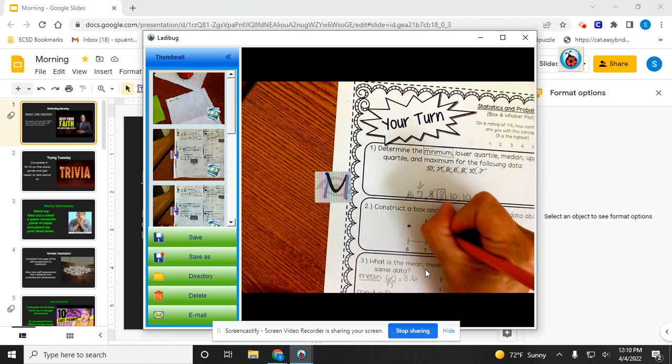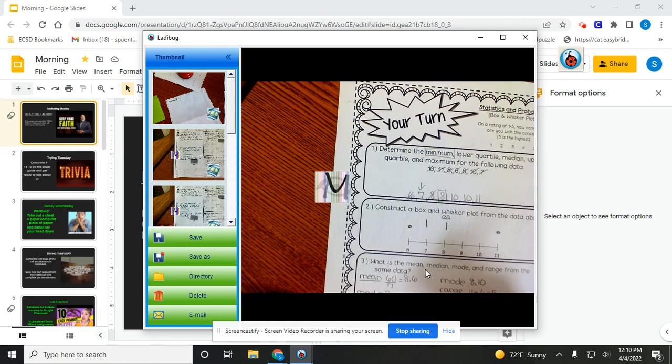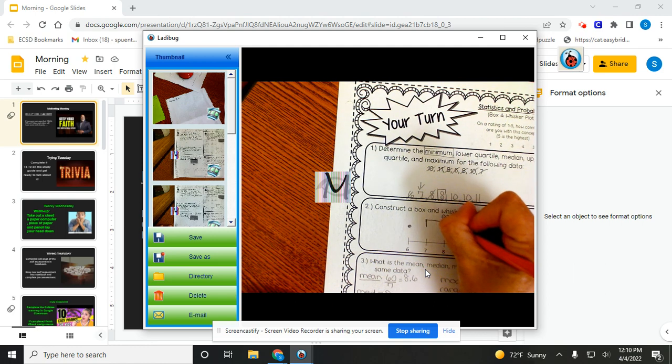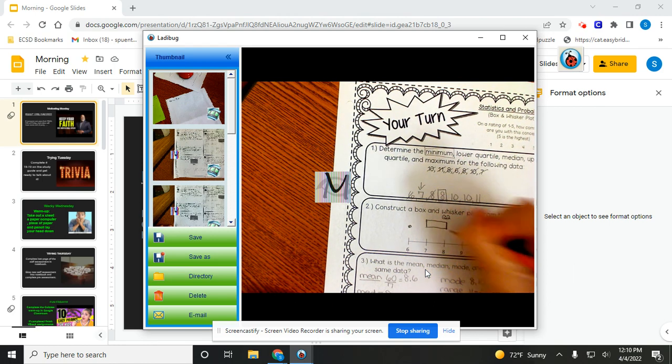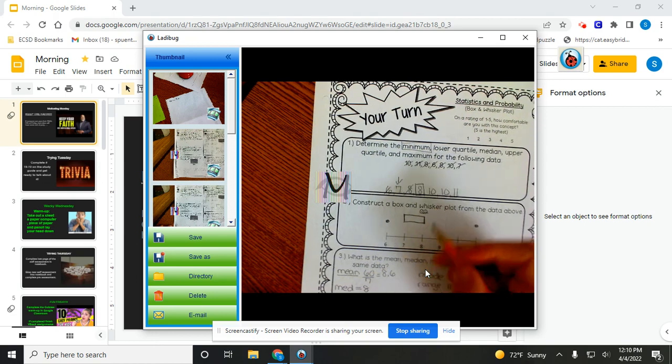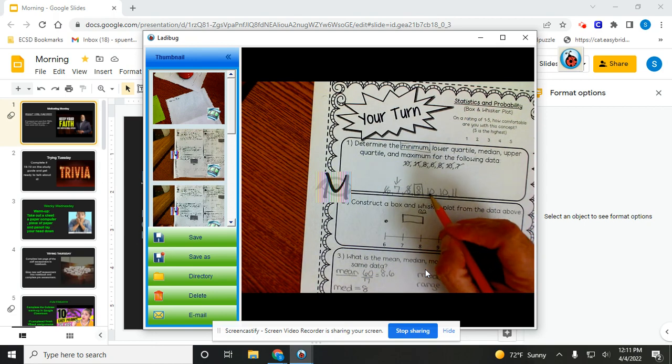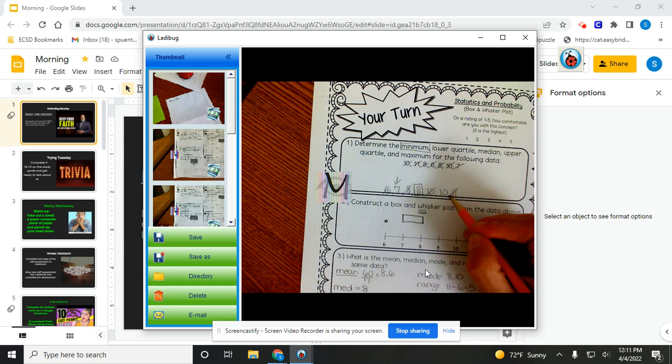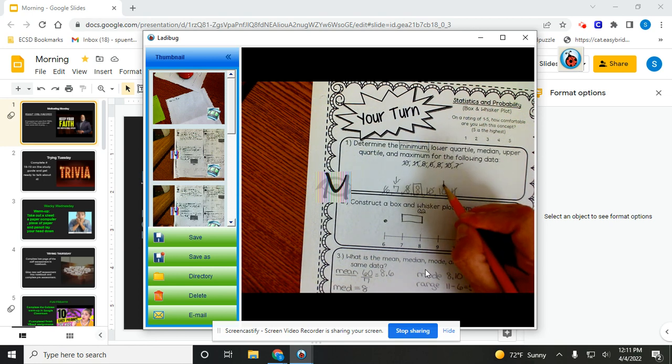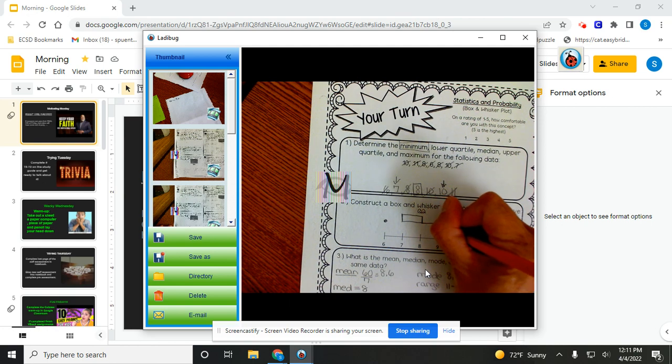So we're going to put a little mark right here at our 7, and we're going to create our first box here. Okay? And then we're going to do the same thing on the opposite side. So we have a 10, 10, and 11. So I'm going to get rid of my little one and my big one. So then my Q3 is going to be the 10. So I'm going to put a mark on the 10 right here, and then I'm going to go ahead and connect.